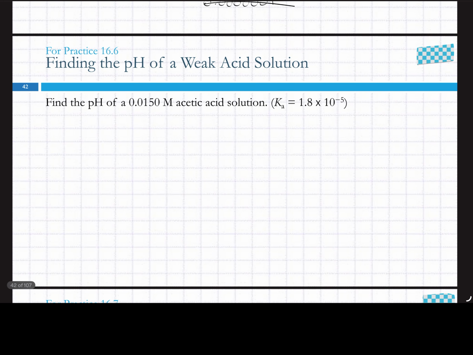All right, now we want to find the pH of an acetic acid solution. Acetic acid is one of those polyatomic ions you should know. But because we're given Ka, it actually doesn't matter all that much. It's HC2H3O2 plus water in equilibrium with H3O plus and C2H3O2 minus, and it's 0.015.